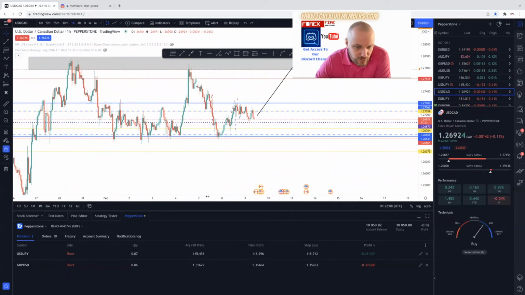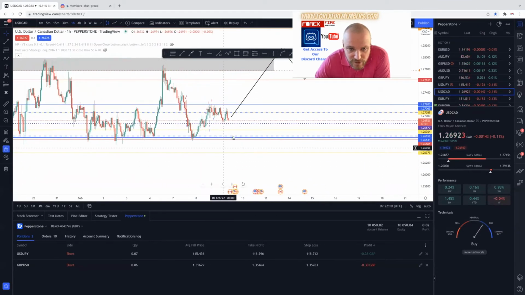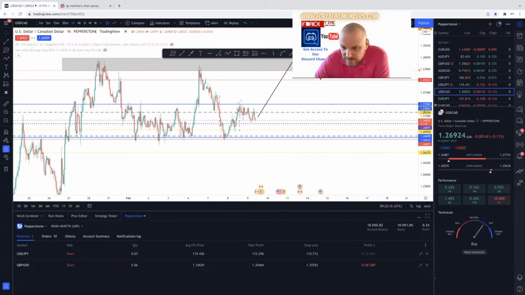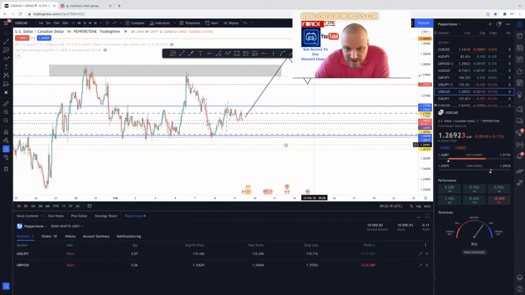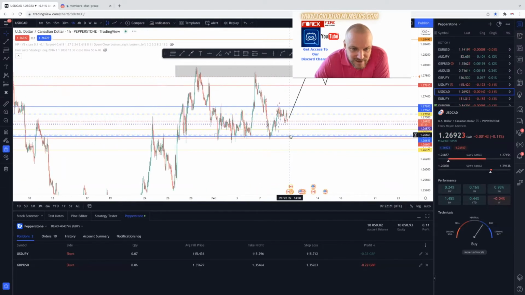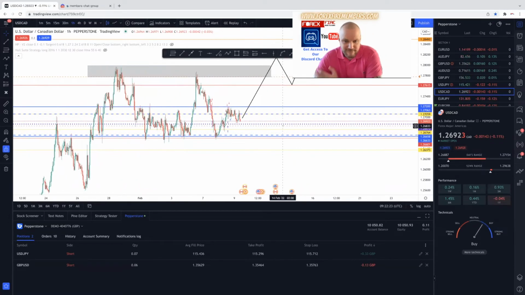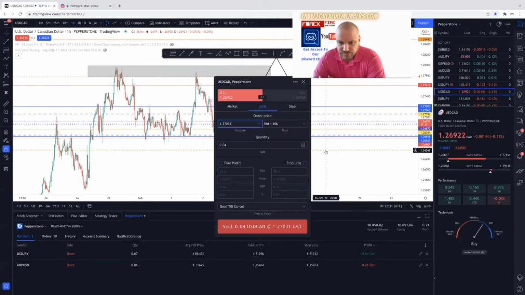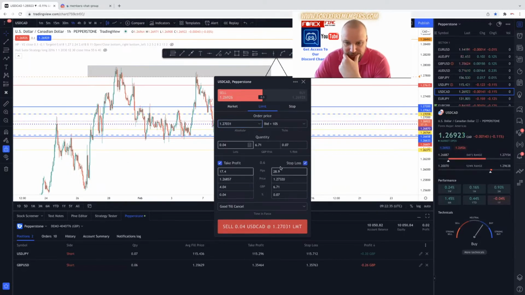Let's take a look, make sure we're on blue because we don't want the things to move. Take a bit of a risk on this one. We're going to go for a sell. Again, take profit, stop loss.